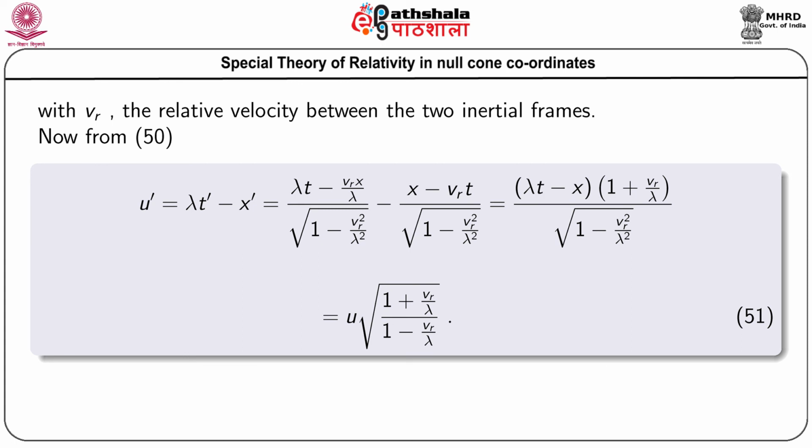That means we have replaced the values of t' and x', and simplifying we get u' equal to u times the root of (1 + V_r/λ)/(1 - V_r/λ).